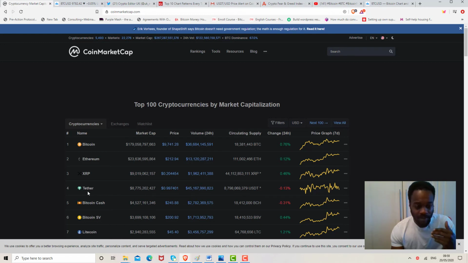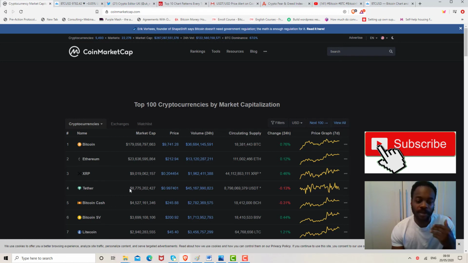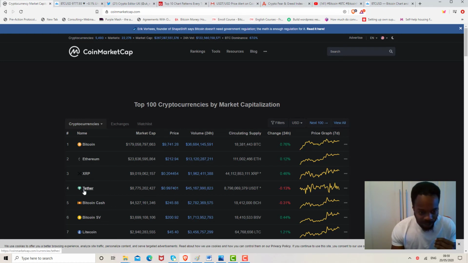There continues to be loads of amounts of Tether being printed currently. Now the second point is, it's below $1, meaning Bitcoin price will be going up because the liquidity has been taken out of Tether and been put into Bitcoin.